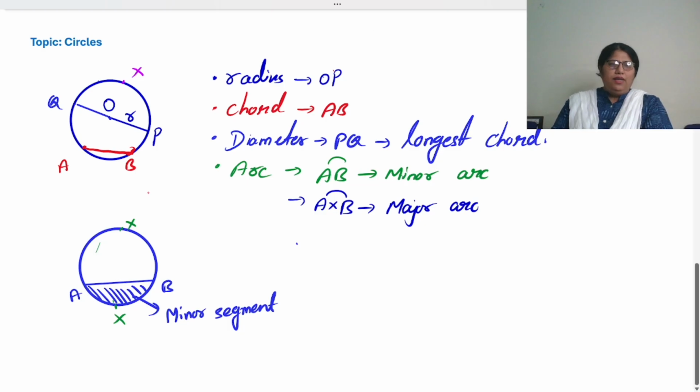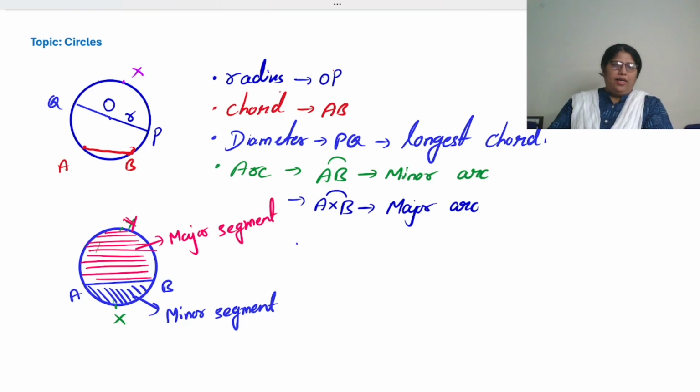Similarly, if this is your Y and I take the major arc, the area enclosed between the major arc and the chord is known as the major segment.